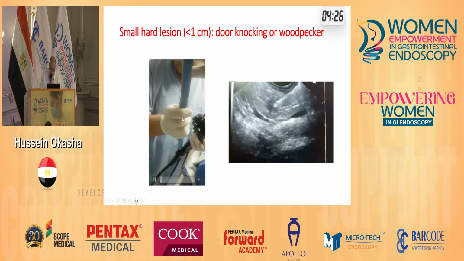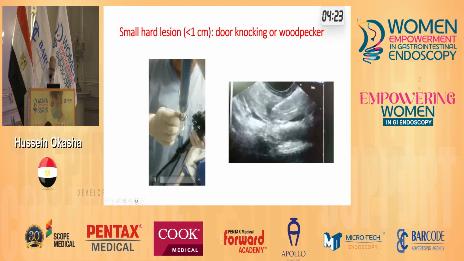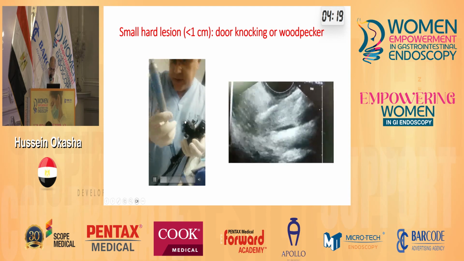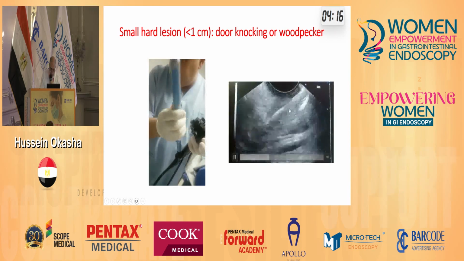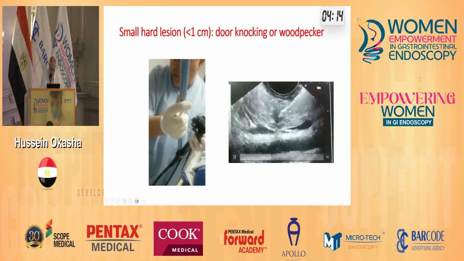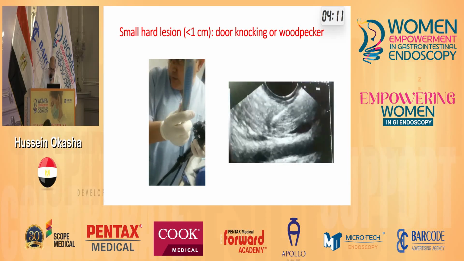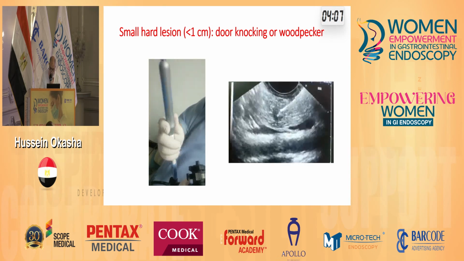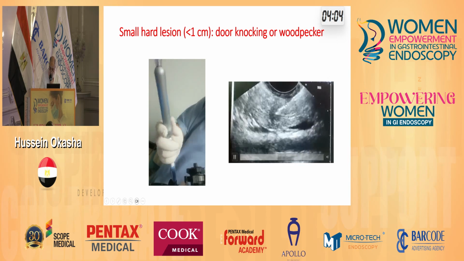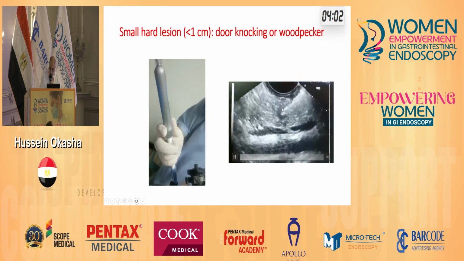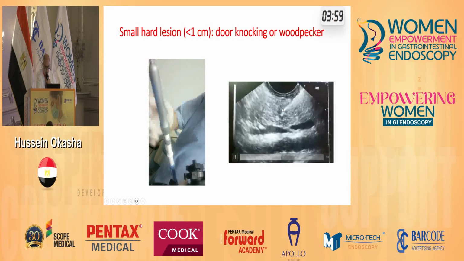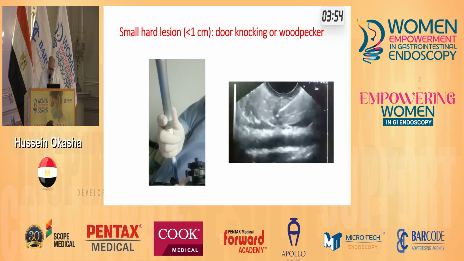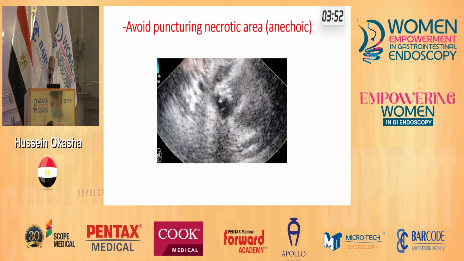I fix the stopper 1 centimeter, the size of the mass, 1 centimeter below the handle, and then by several forceful pushes, I can push the needle. The needle is now pushed inside the mass and moving inside the mass, not just shaking the mass. This small mass was finally proved as a very small adenocarcinoma, and the patient underwent radical surgery, and he's now doing well because of early diagnosis of this small lesion.